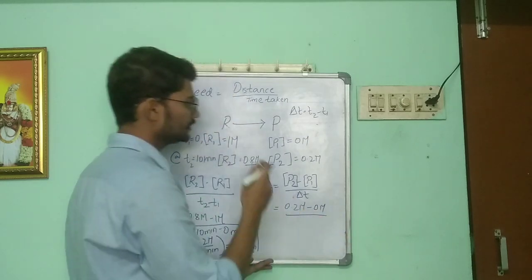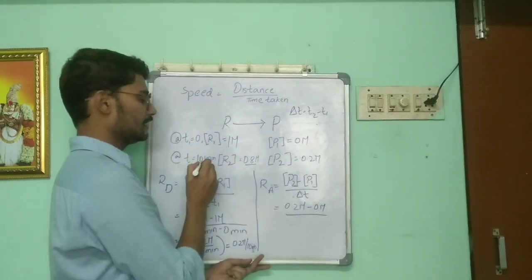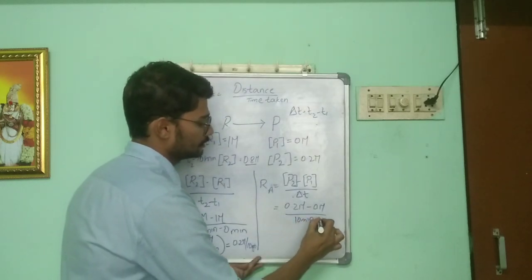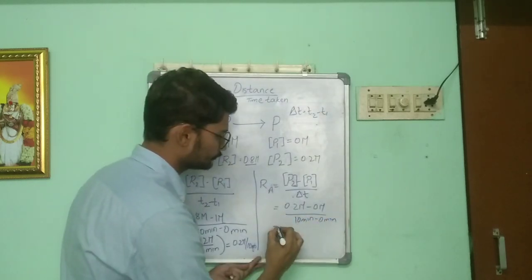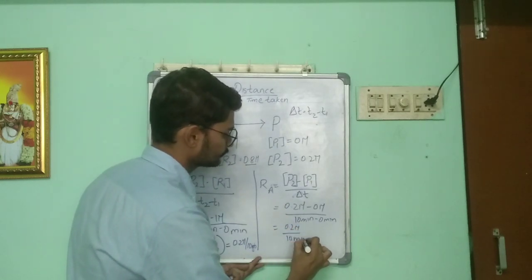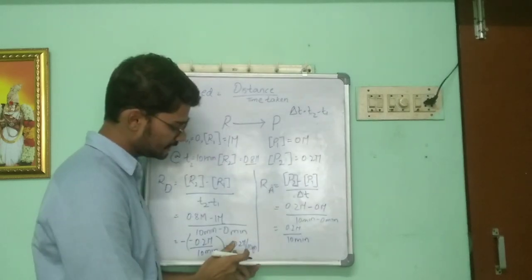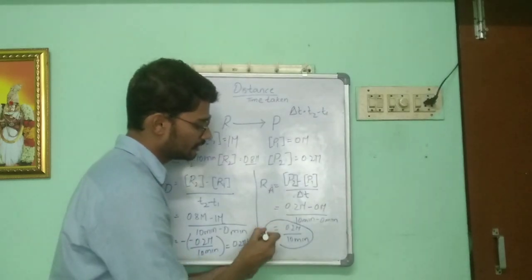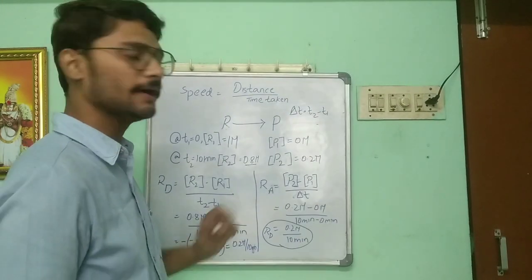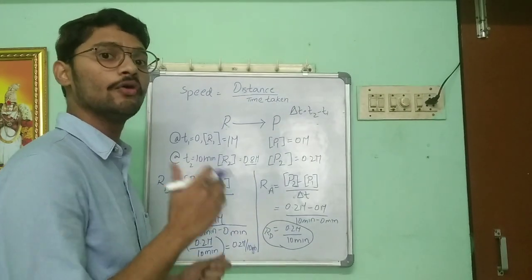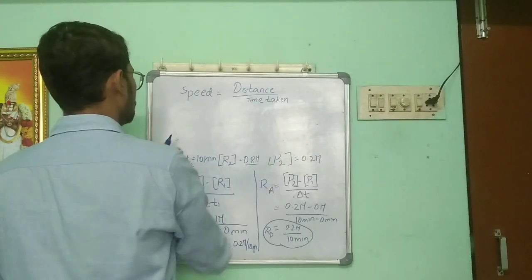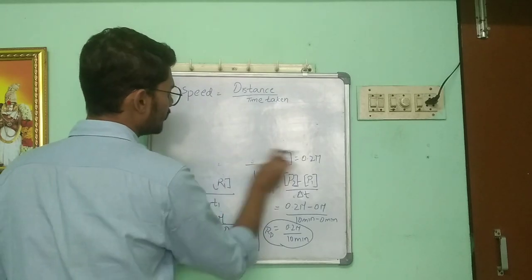What is the time taken for this reaction? It is 10 minutes, so the change in time is 10 minutes minus 0 minutes. So it is nothing but 0.2 molar per 10 minutes. Seeing this, you can understand the unit of rate. It is nothing but molar per minute.